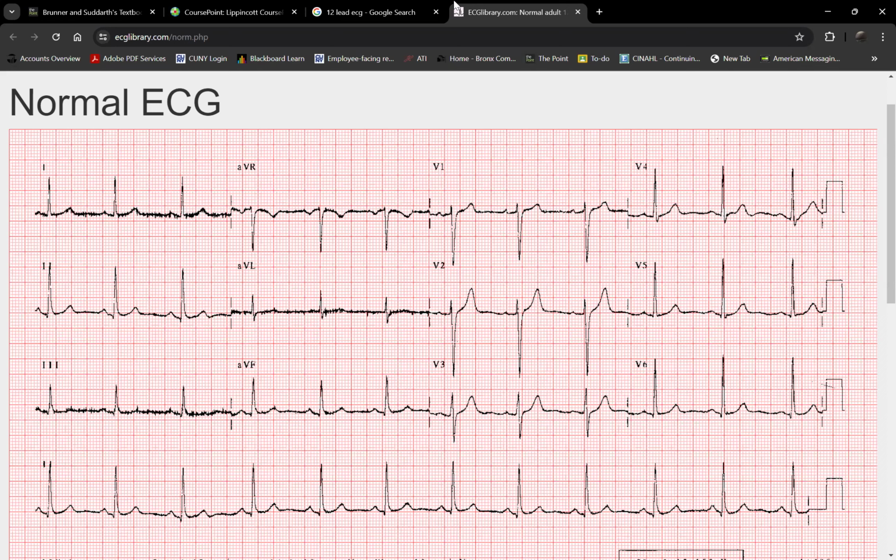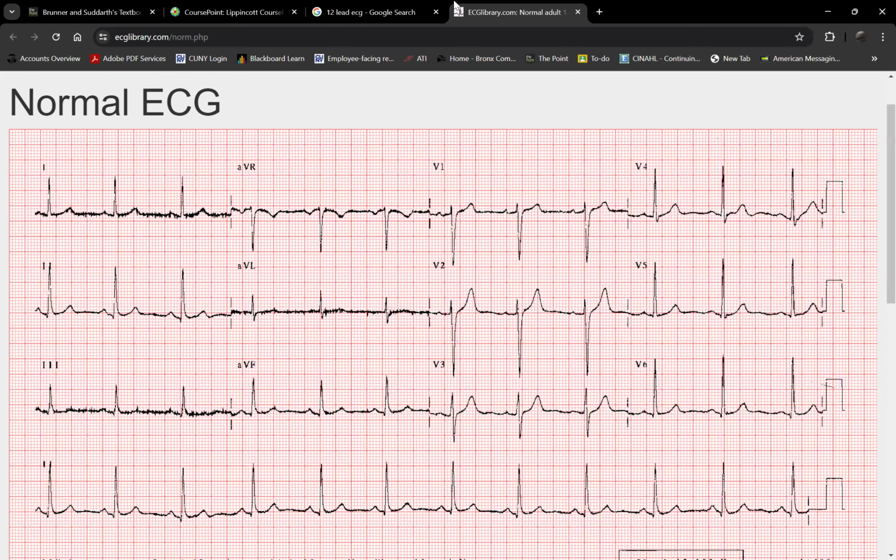So the photographer sitting on the right shoulder taking a picture of the heart, will he see it this way or that way? He'll see it that way because he's looking at it from a different vantage point. It's a different angle. So that's why it looks different. But that doesn't mean that lead aVR here is abnormal. No, it's all the same.